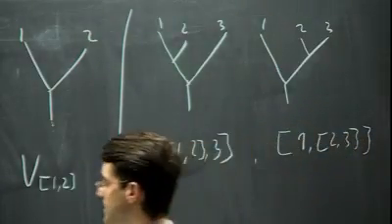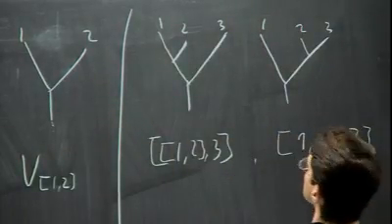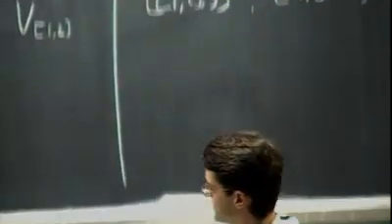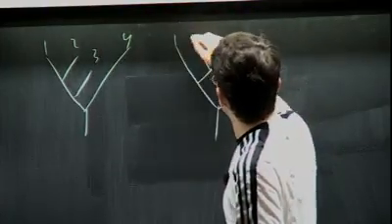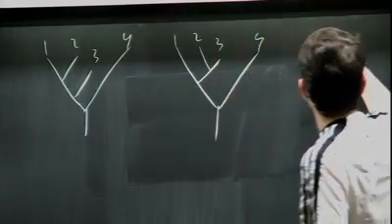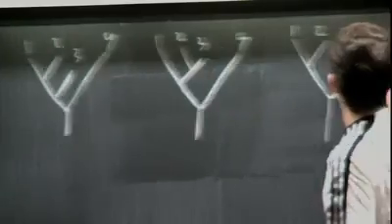So 1, 2, and then there are 5 at the next order, and I think it's instructive to just write a few of them. So you will have something like 1, 2, 3, 4, and the other one is 1, 2, 3, 4.